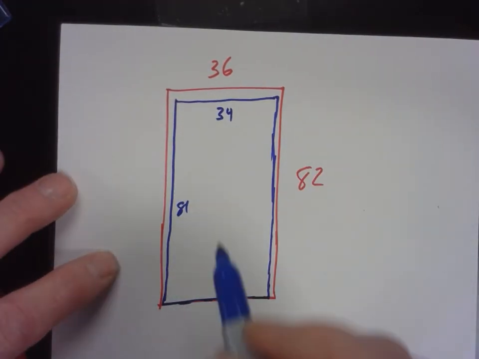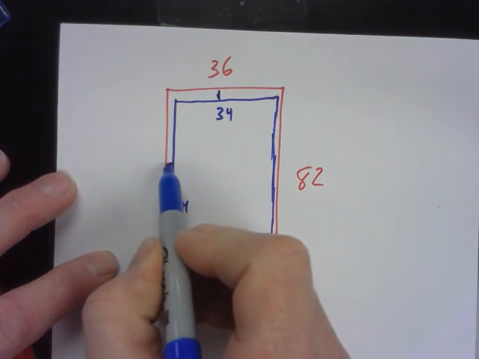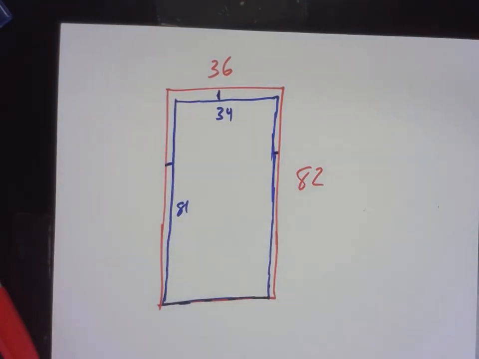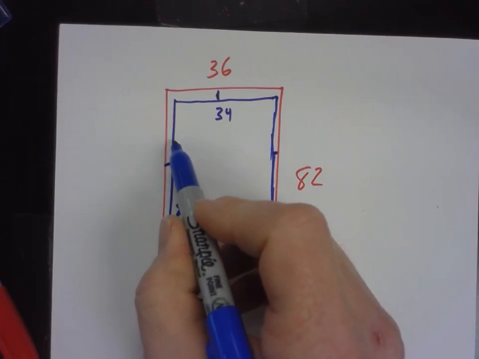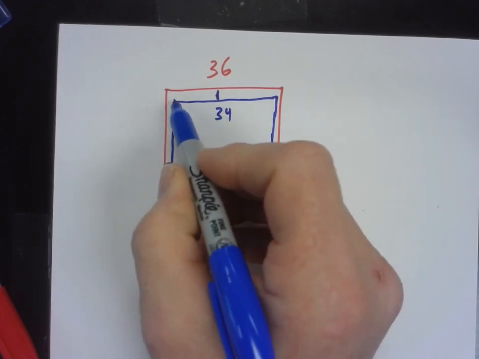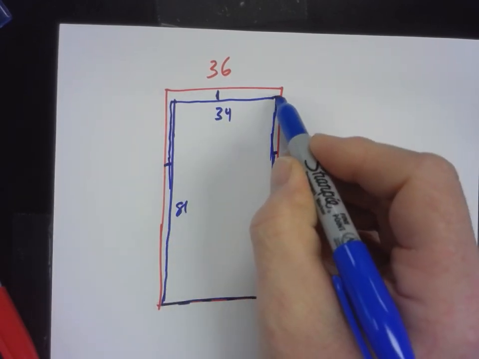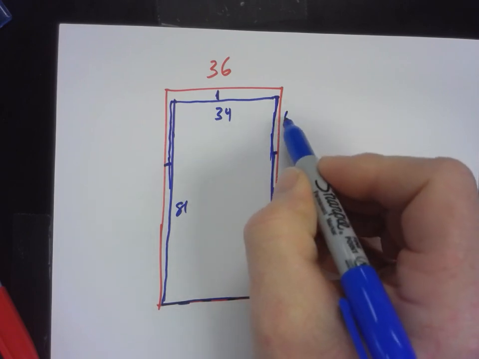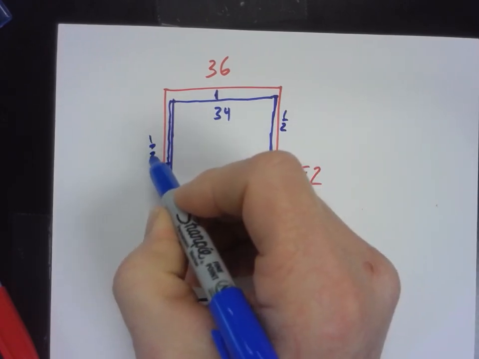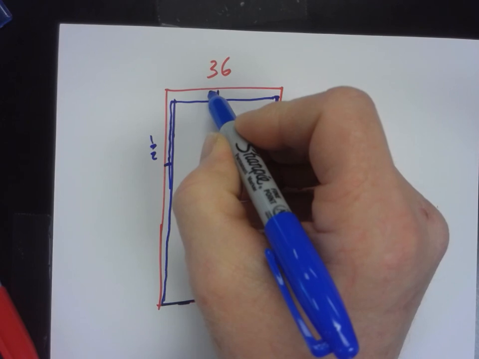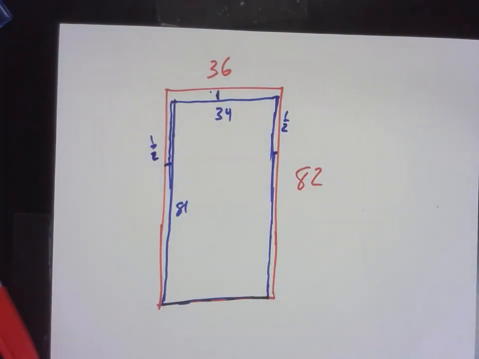So you have an inch here, and an inch here, and an inch here, to have some play with it, right? The actual door is 34, but the frame around the door is about a ½ inch. So you actually end up with a total of an inch. So a ½ inch all the way around, and at least a ½ inch here. And then you can put shims in it and square it up.